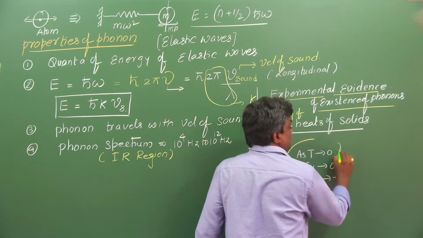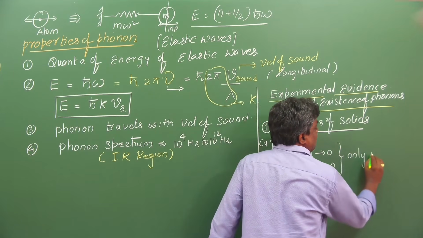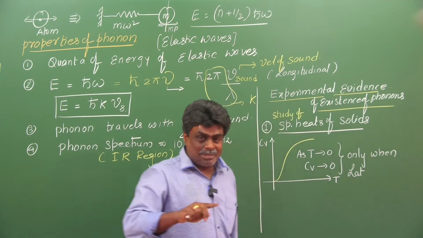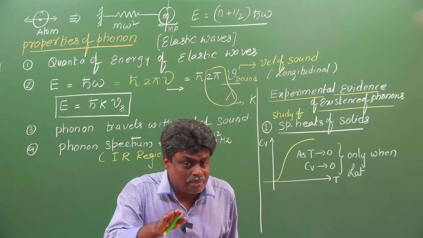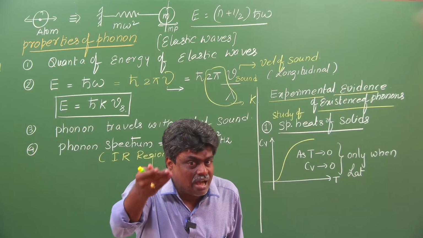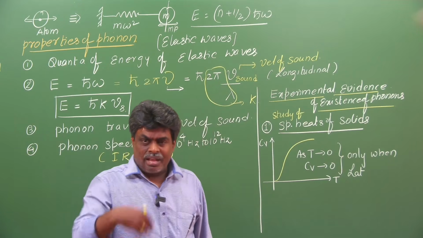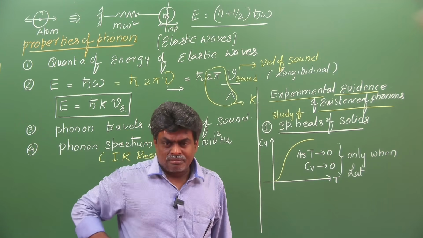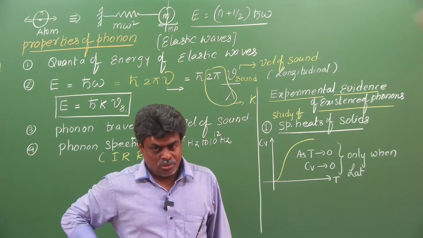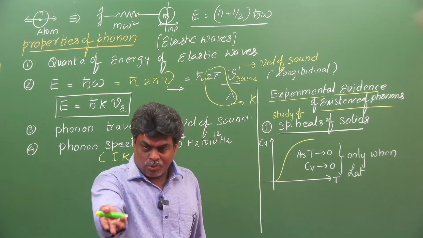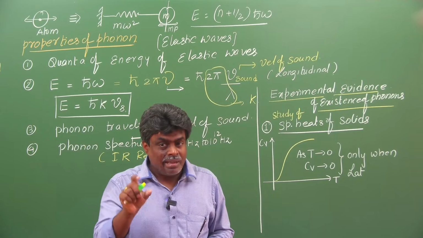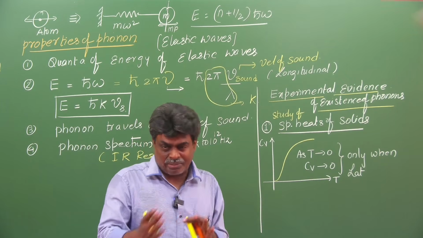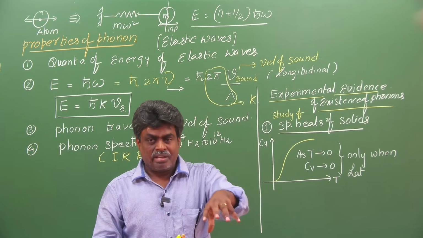This is possible only when lattice vibrations are quantized. Because quantized means only a particular amount of energy is released or absorbed. For example, I have given 5 rupees to you, and again you have given 5 rupees to me. How much are you left with? 0. But if I give 5 rupees to you and you give back 2.5, every time giving half, then finally you are left with something.